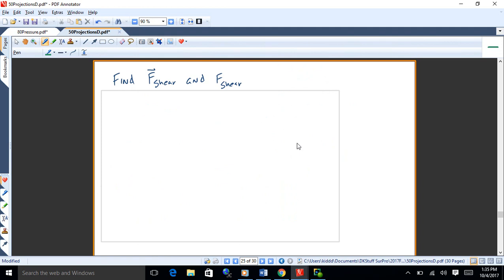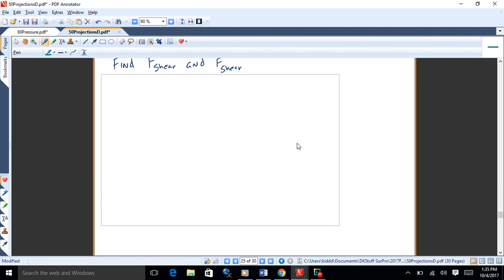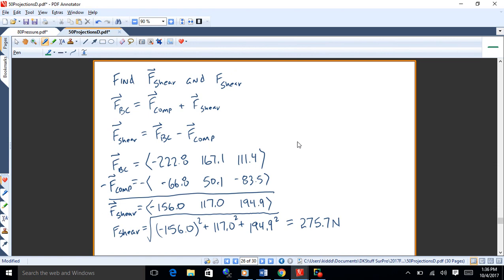So if I want to find the vector for shear, what I do is I take the original FBC and I subtract off the compressive vector, and I'll get the shear vector. So that gets me the shear vector. If I want the shear scalar, I can take that shear vector and take the square root of the sum of the squares and get the magnitude of the shear.